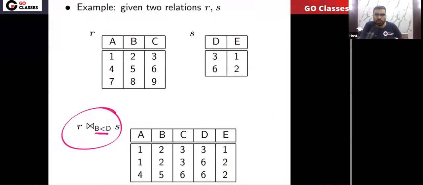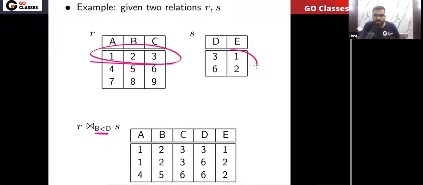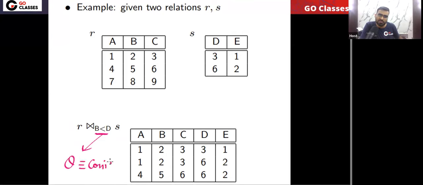What you can easily do here, basically, is that tuples of R will match with the tuples of S where this condition will be satisfied. That's it. So remember this condition. This is your theta. You can call it theta, or you can call it condition C, the tuple selection condition.